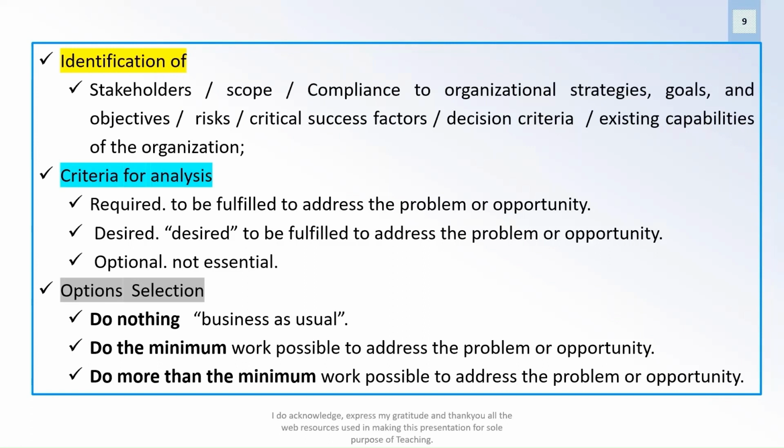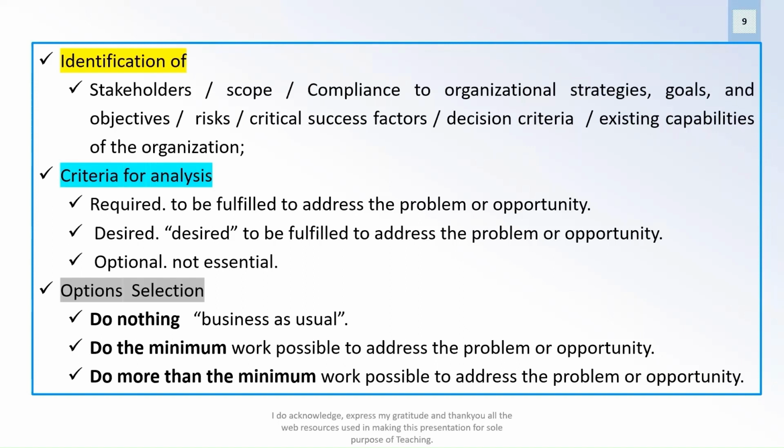Identification of stakeholders. I'm talking now about the business case document only. All the stakeholders are identified. Scope is defined. Compliance to organizational strategy, goals, and objectives. Compliance statement: what is required as a compliance? What is defined as a compliance?